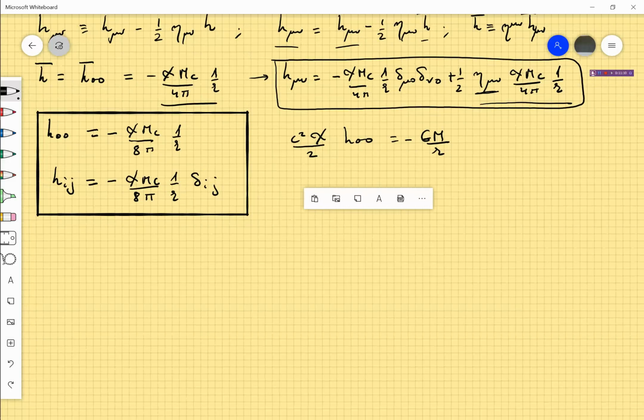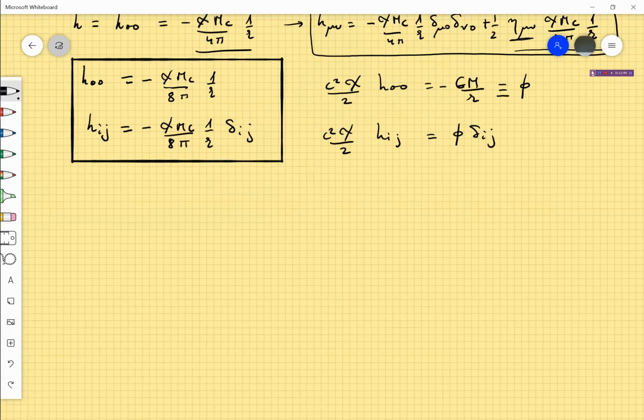So this whole thing is just this, and we call this phi. Remember that this is just the gravitational potential created by a mass at the origin according to the Newtonian theory of gravity. So with this definition, we find that h ij, or if you want c squared chi over 2 h ij, is just phi delta ij.